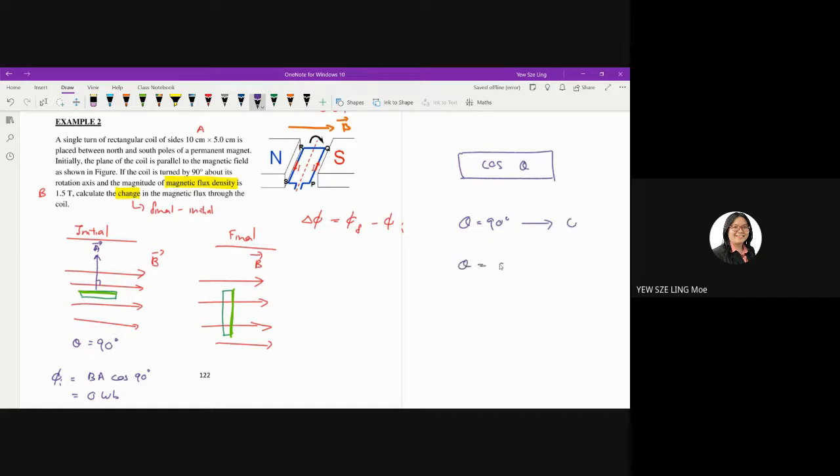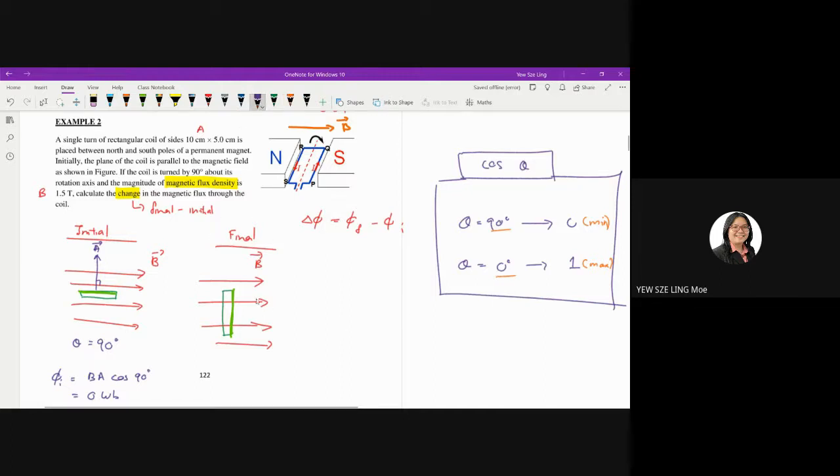If the angle is 0 degrees, then it gives you 1. So what does it mean? If you're going to determine the minimum value, then you assume the angle is 90 degrees. If you're going to determine the maximum value, then the angle is 0 degrees.